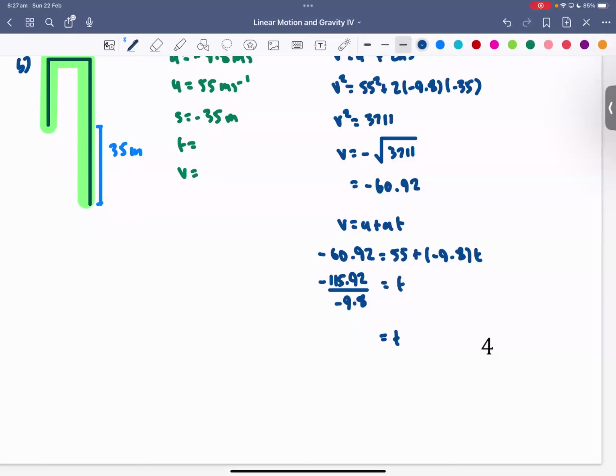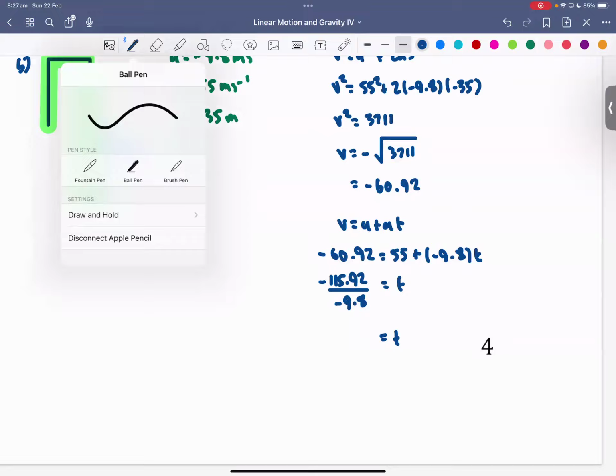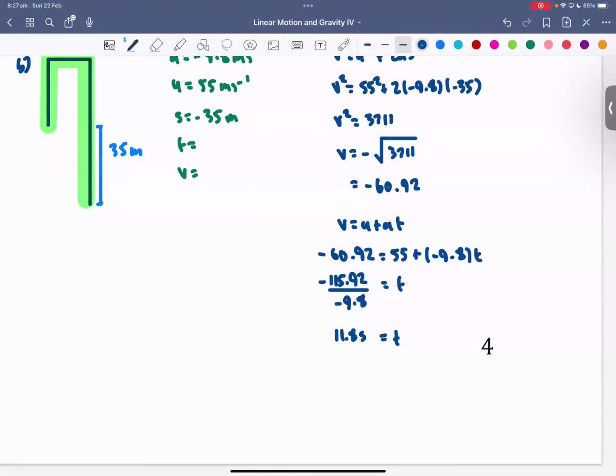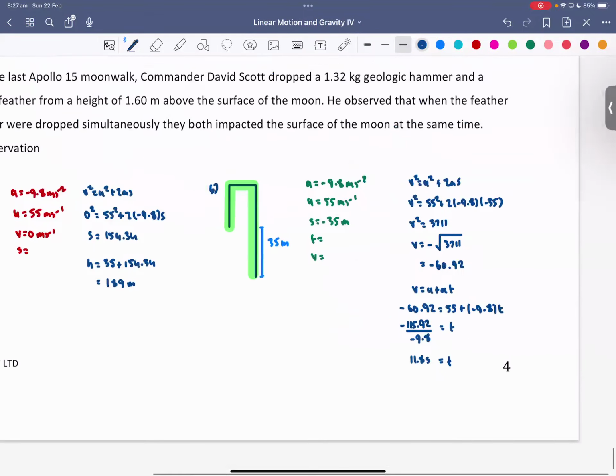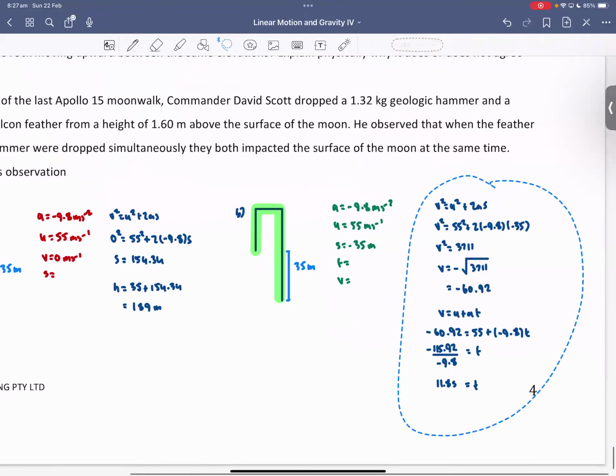I don't know. 11.8 seconds. So the answer to that was 11.8 seconds, and we effectively, inadvertently, solved part C as well.